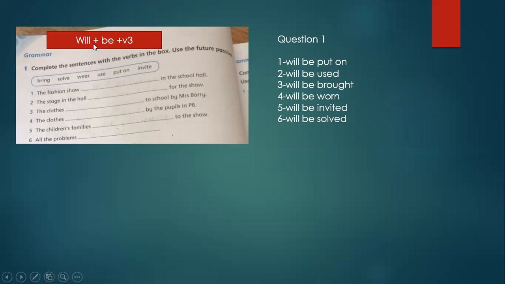So we use will plus be plus verb 3 according to the meaning of that sentence. We use the correct verb. Teacher, we must memorize the verb conjugations. Okay, so verb 3 of bring is brought, sell sold, wear worn, use used, put on put on, invite invited.